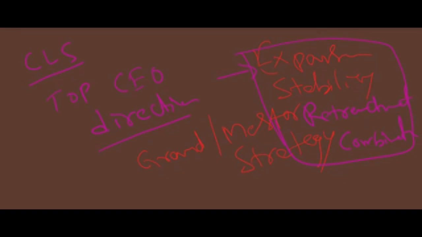Look at the expansion strategies. Let's say you are stuck with profits and some issues, better you stay there and get the profits whatever you are getting. That is another strategy. Retrenchment: slowly you may need to close the business. You need to have a strategy even to slowly close the business. And the fourth one is a combination of all those three, right? So this is corporate level strategy.